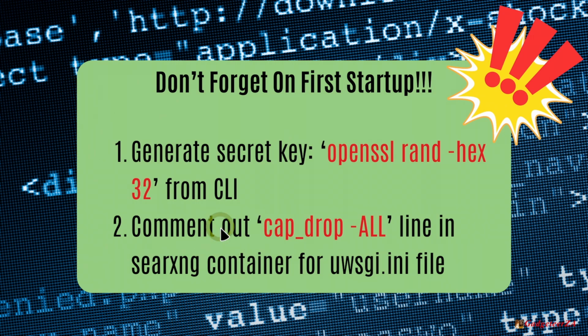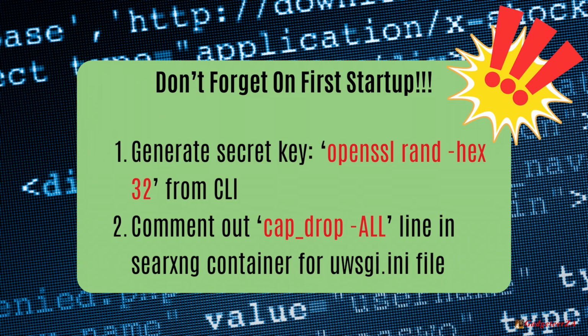The other one is just a once-off. It's supposed to be for the very first time. But if you've forgotten, or, like me, you didn't notice it, don't worry. All you do is bring all your containers down. You need to go into the Docker Compose file that you used, and under the SearXNG section where that container is, there's a line that says cap_drop: all. What you must do is comment that line out. Restart your container.